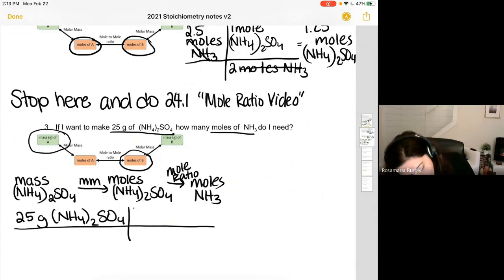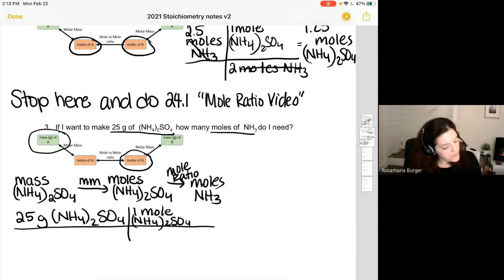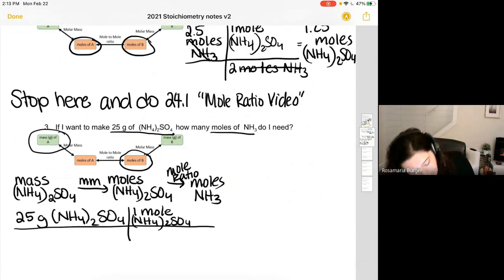Well, in 1 mole of NH4 2SO4, I'd written it up on another page, but I have it here. It's 132.134 grams of NH4 2SO4.